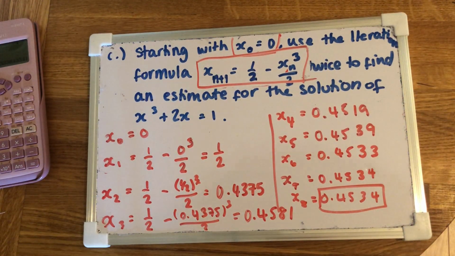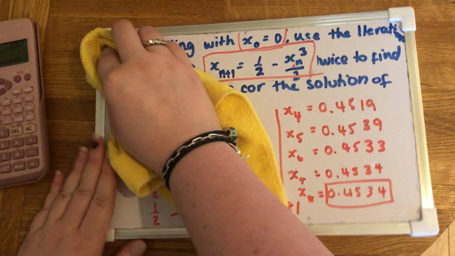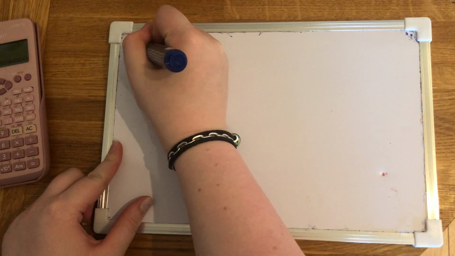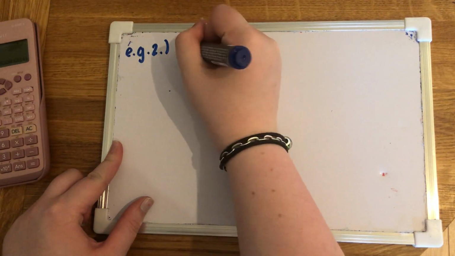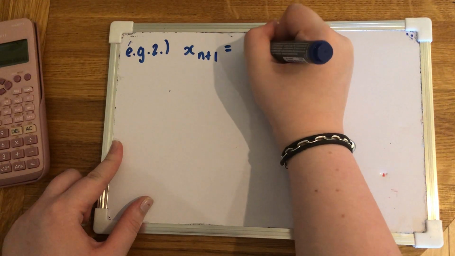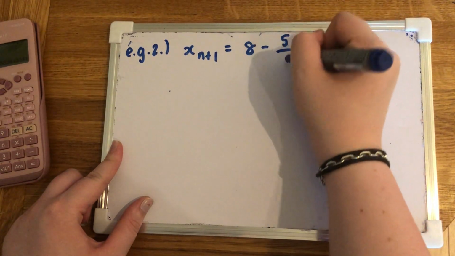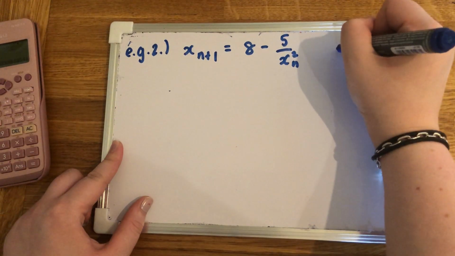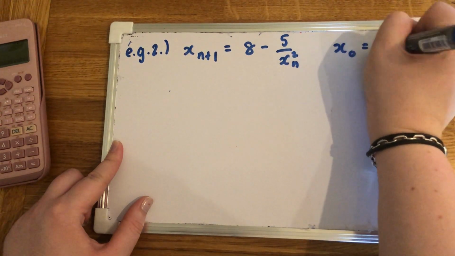Okay. So we are going to do another one of these, just because I think this is the hardest part of it. So this time we've got a formula of this. And our first one is 1.